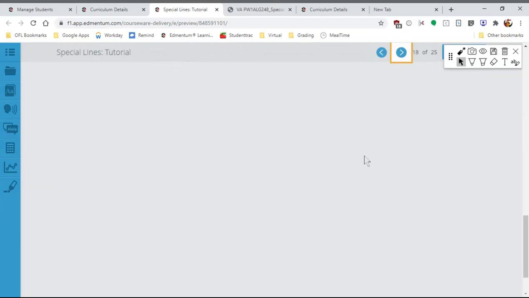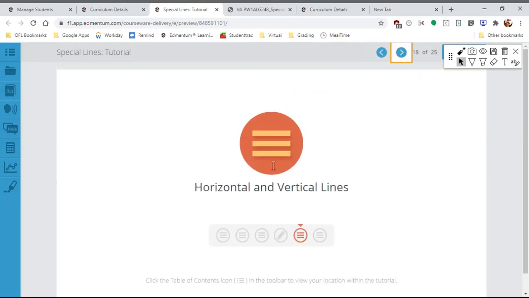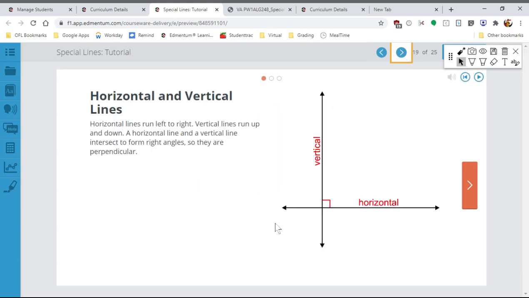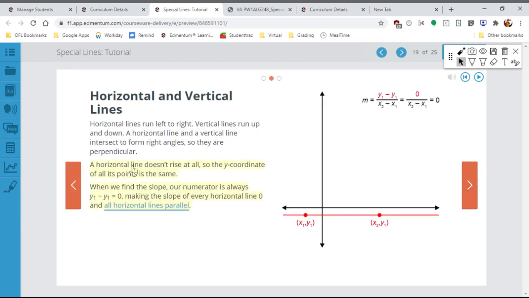All right, so moving on to slide 18, we're going to learn about horizontal lines and vertical lines. So again, here's the horizontal, here's the vertical. Think of this as the y is always going to stay the same. There's no change in y.